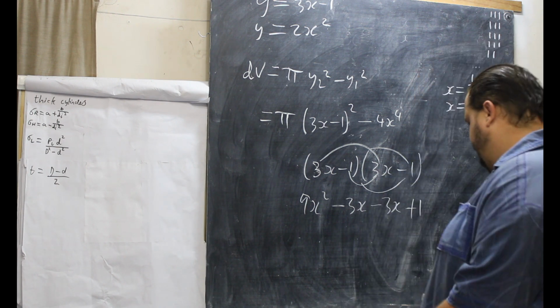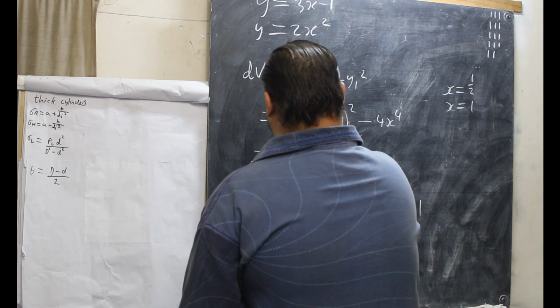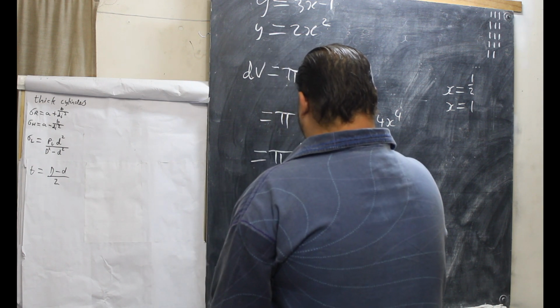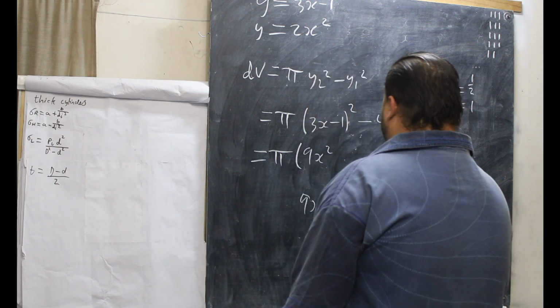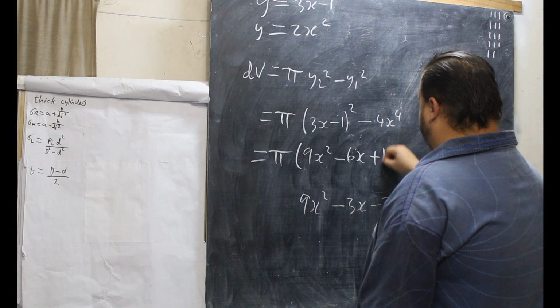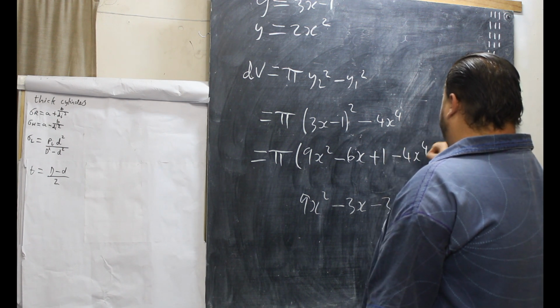So what we have here in our next step is pi times 9x squared minus 6x plus 1 minus 4x to the power 4.